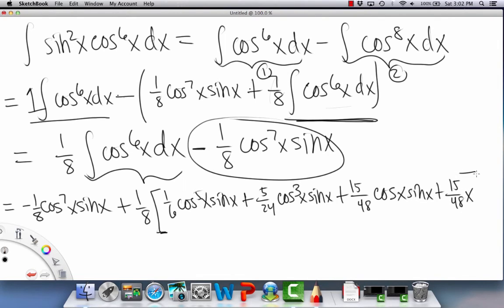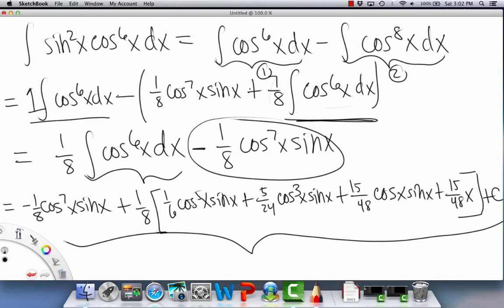That was all, and can't forget the plus c at the end because it's an indefinite integral, no bounds. This final thing here is our answer. Yay!